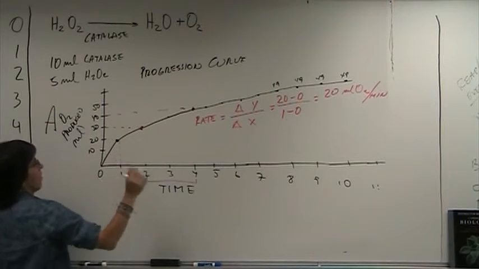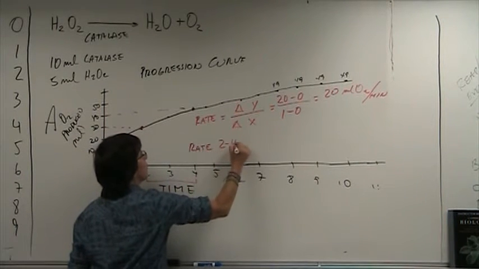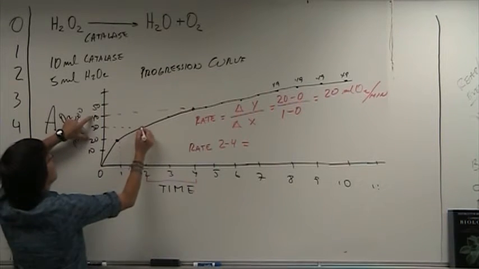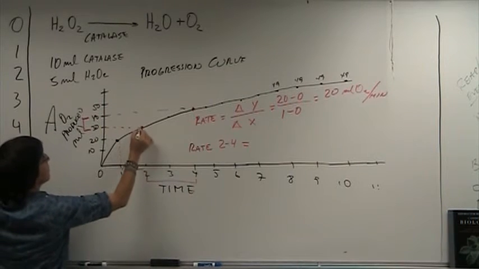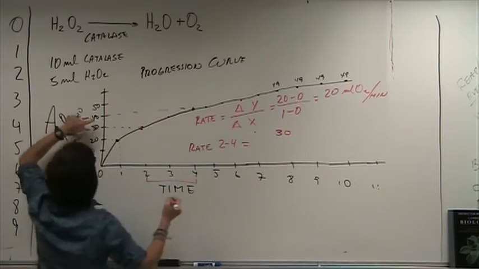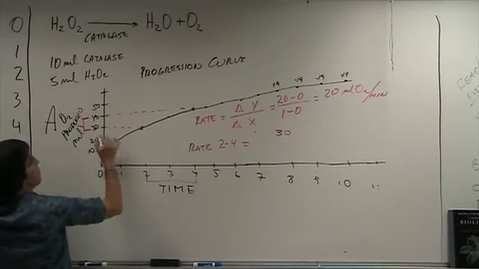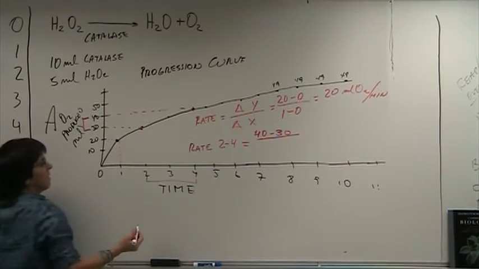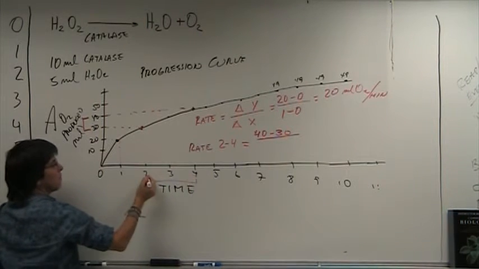So the rate between minutes 2 and 4 is going to be first the change here, minute 2 is 30 mLs, minute 4 right here is 40 mLs, so 40 minus 30 divided by the change in X, 4 minus 2.